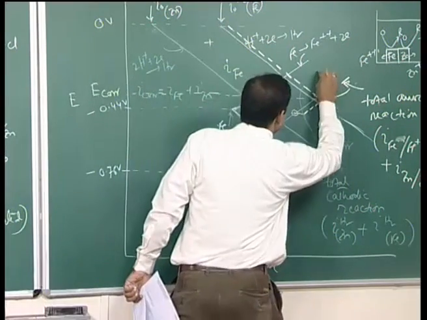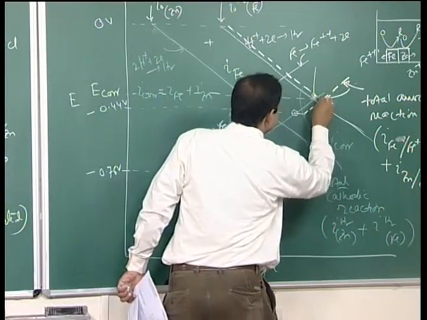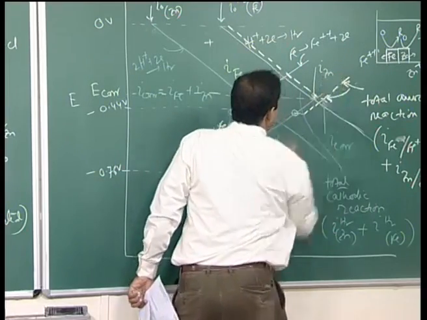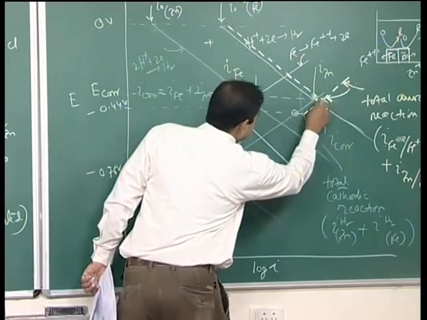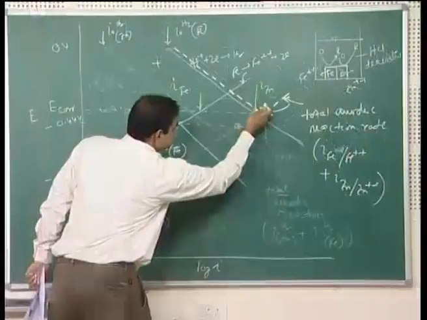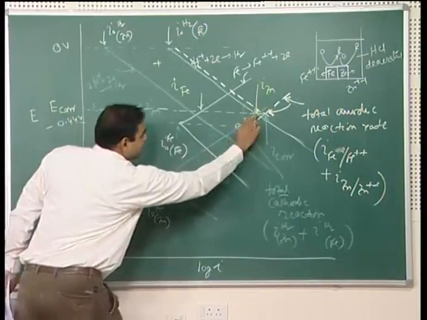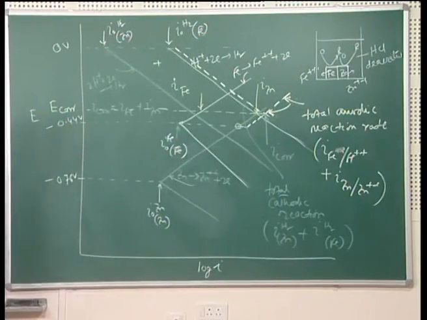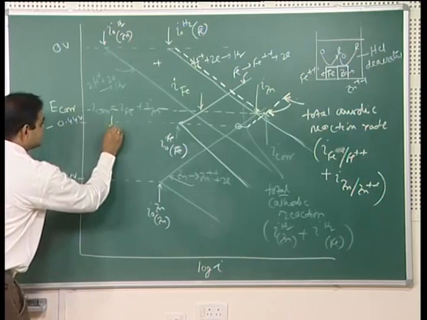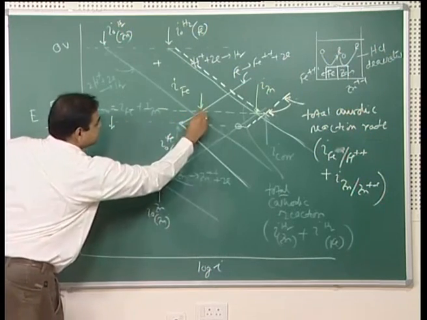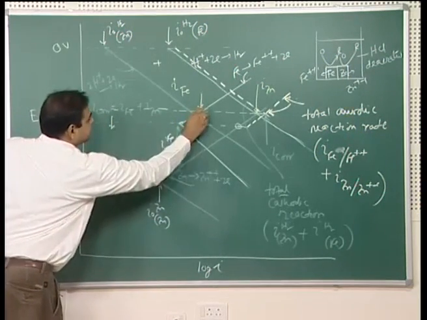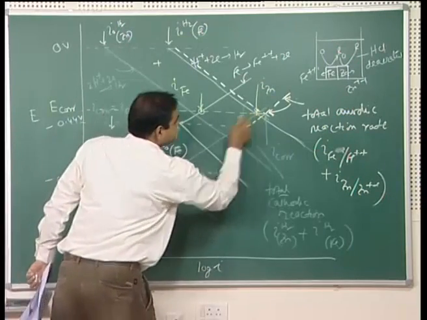I zinc is this point, where this line connects. So, what is the rate of iron and zinc? From this plot you can easily see this is for iron corrosion and this is for zinc corrosion individually.